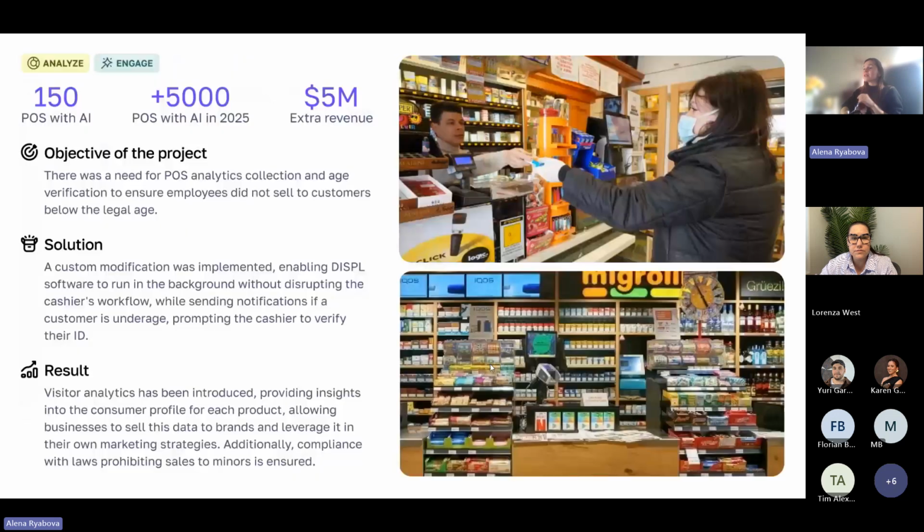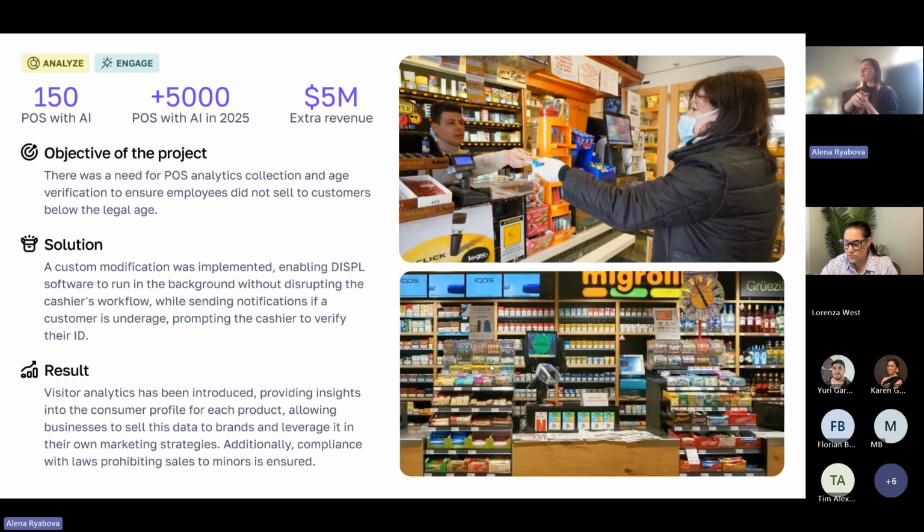And I think the last case that I want to tell you about is a really, really interesting thing. This is a cigarette and liquor store. What they do is they just collect the data when people are at the checkouts. It's like small kiosks, but all over the place.